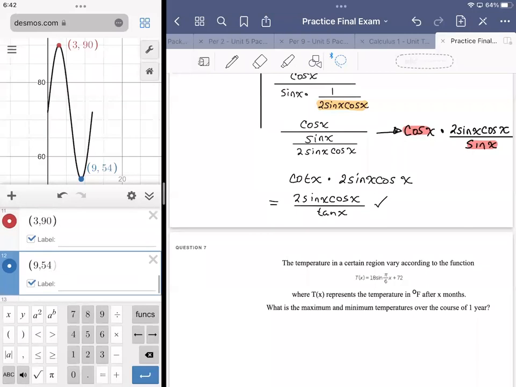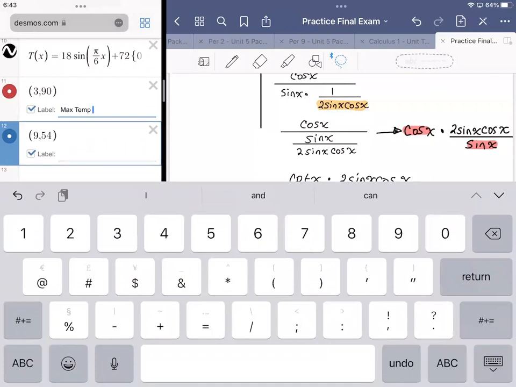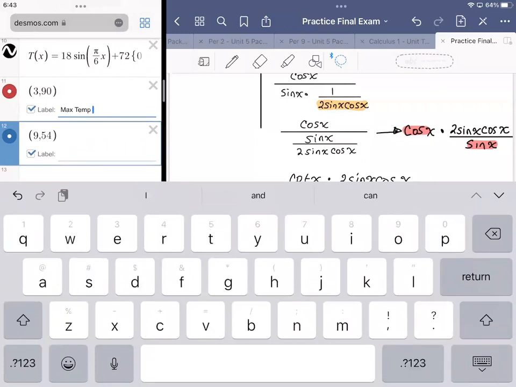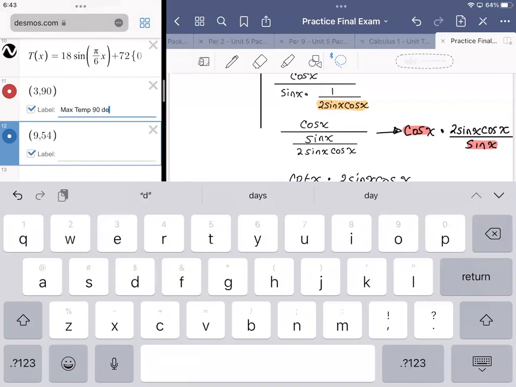So maximum temperature, 90 degrees Fahrenheit, right? 90 degrees. We'll just say degrees F, all right, just so we have something there.